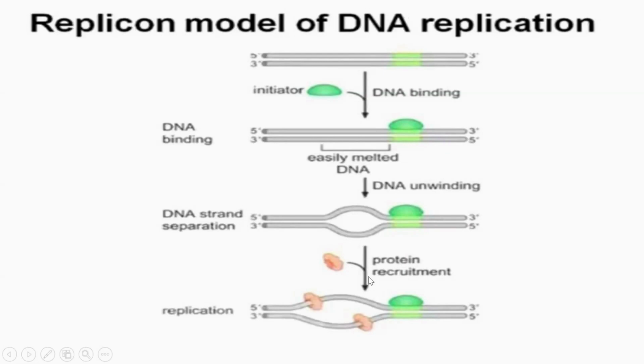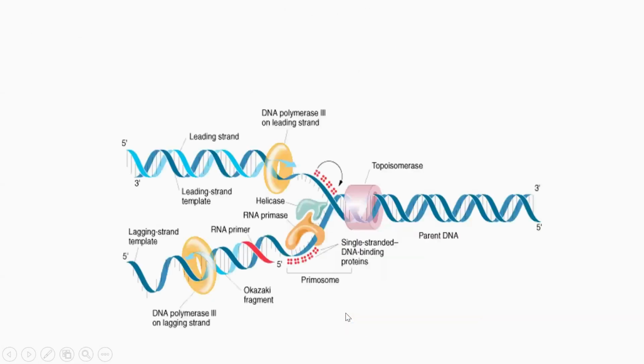And here the helicase enzymes bind to both strands of the DNA molecule, and they separate the parental DNA strands further. Now in this figure you can see the dark blue color. This is the parental DNA molecule. You can see here the first protein, the topoisomerase.